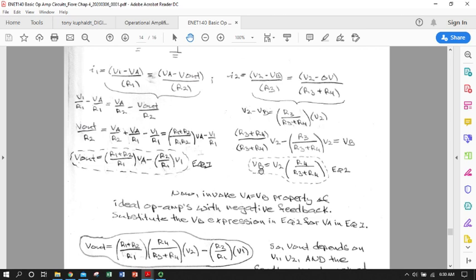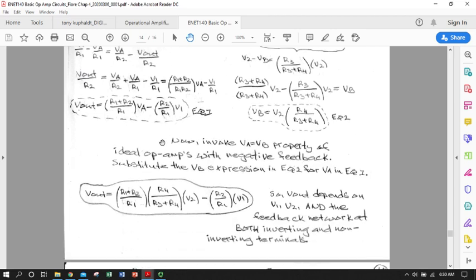Now since V sub A and V sub B equal one another, I can take this whole expression and plop it in right over here for V sub A. And when I do that, and I do a little bit more simplifying, I end up with this expression relating all of my R's and my 2 input signals to my output signal.